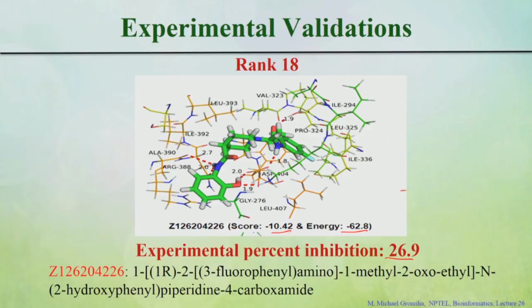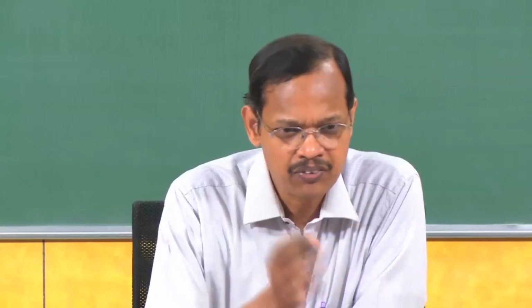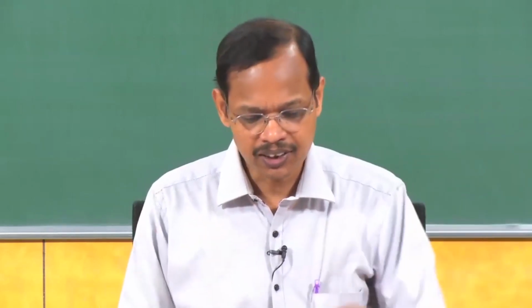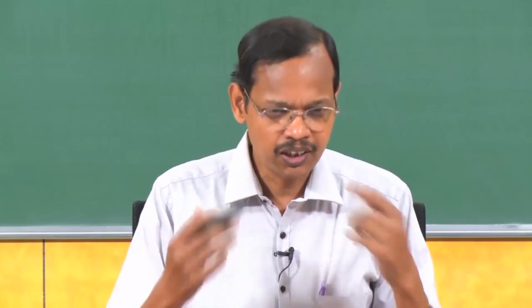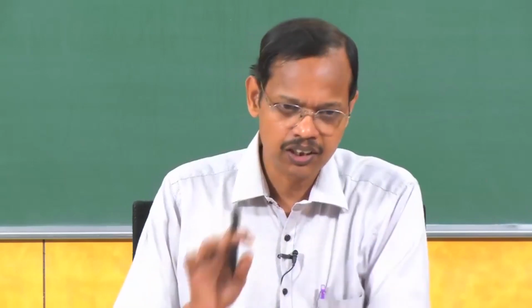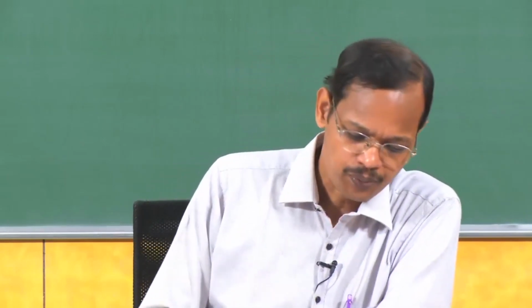The score uses an empirical equation that combines different factors and finally gives a number, that is called the Glide score. For energy, they calculate the van der Waals energy and the electrostatic energy, like the AMBER force field, and then give the total energy of the system. This is the energy using Glide.